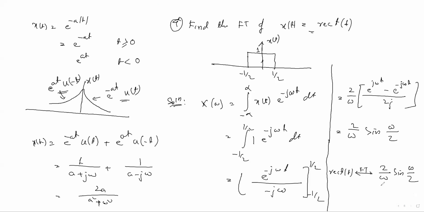One thing is that this equation is in terms of omega, the angular frequency. What if we want to derive the signal in terms of f? X of omega, what we have found, is 2 by omega sine omega by 2.